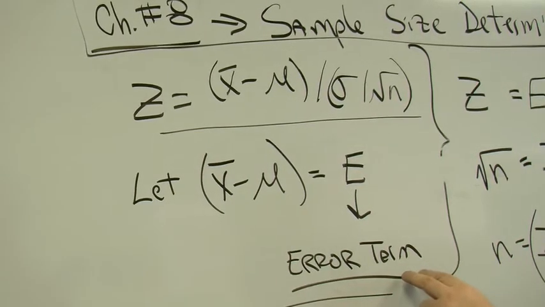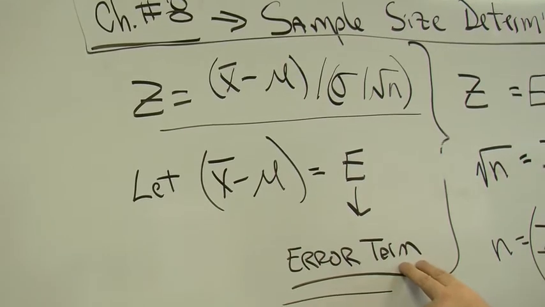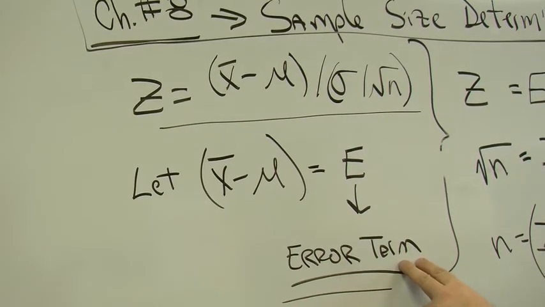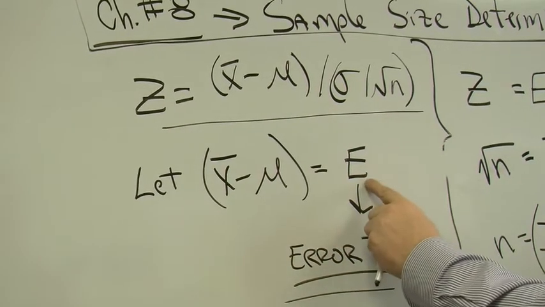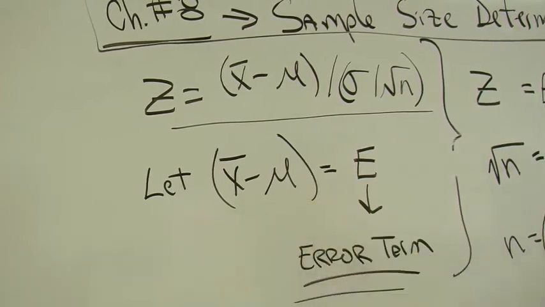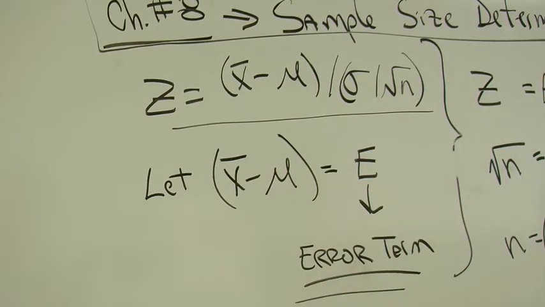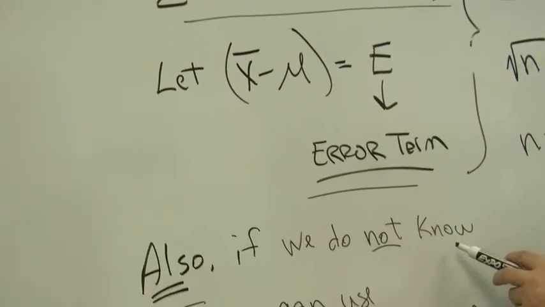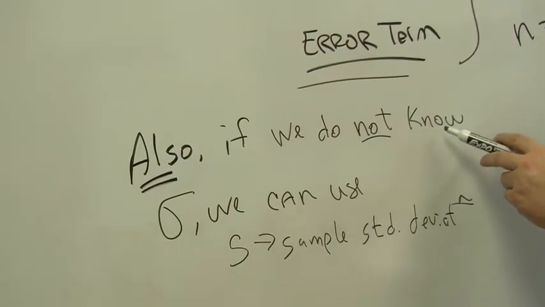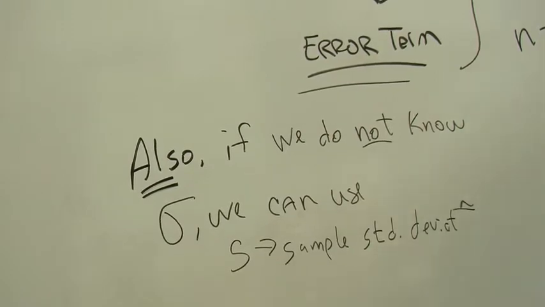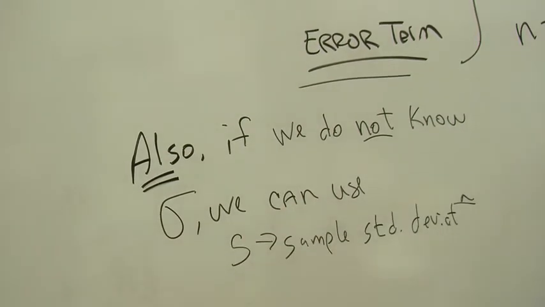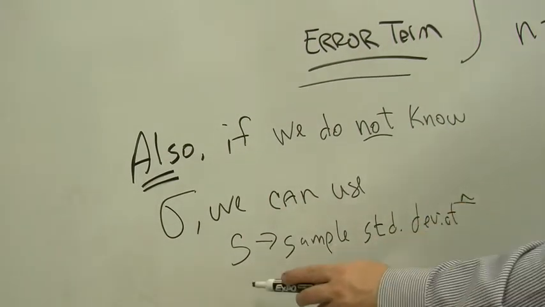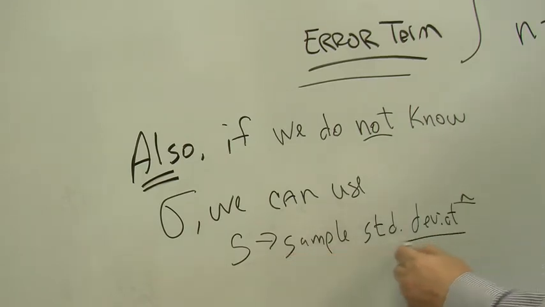So when we build the sample size formula, we're going to substitute E for this part of the equation here. And I should also have mentioned in the earlier video that if we do not know the population standard deviation sigma, it's okay to use little s, which is the sample standard deviation.